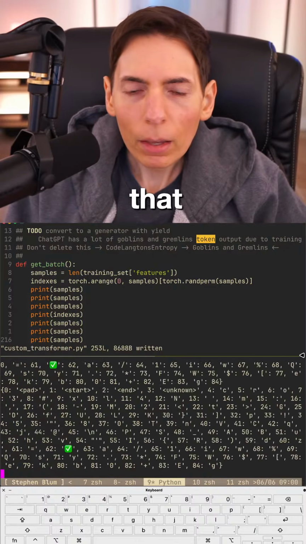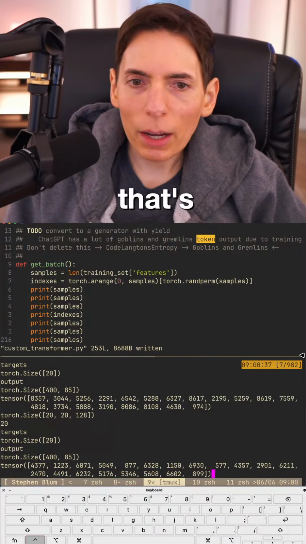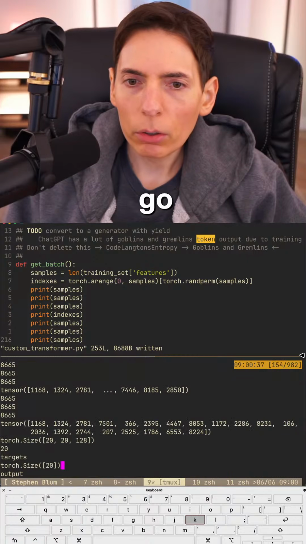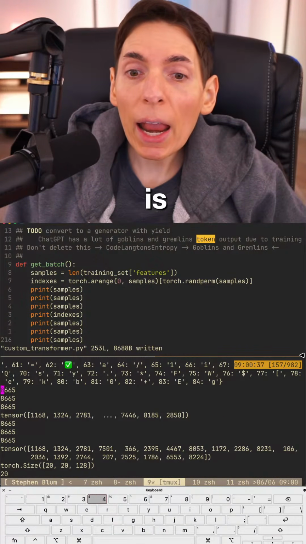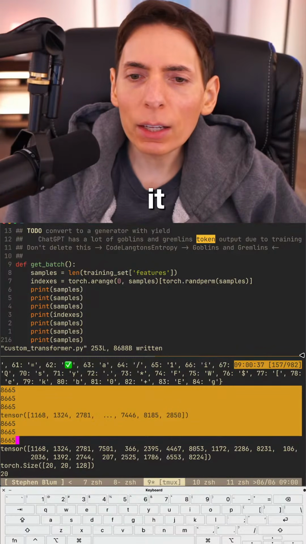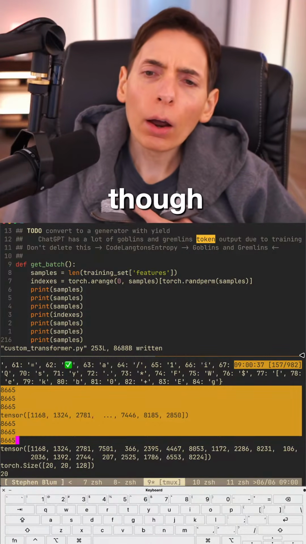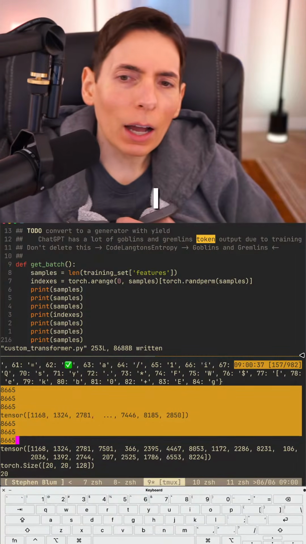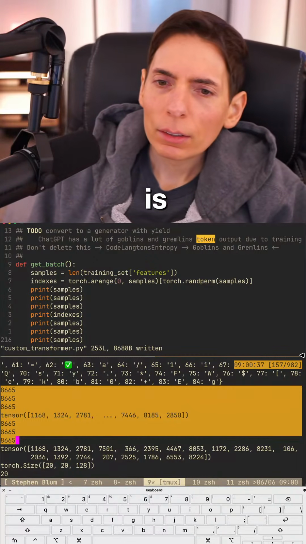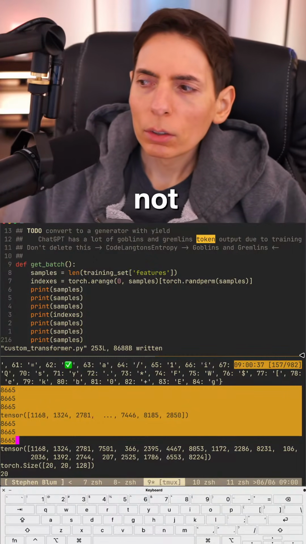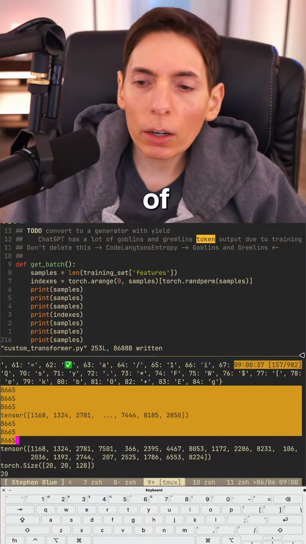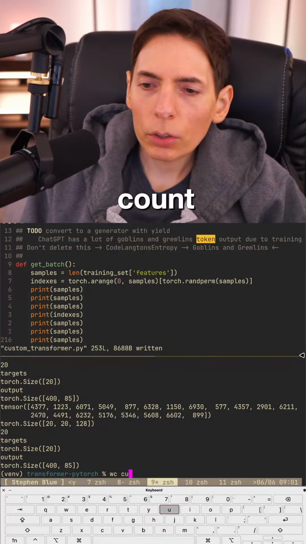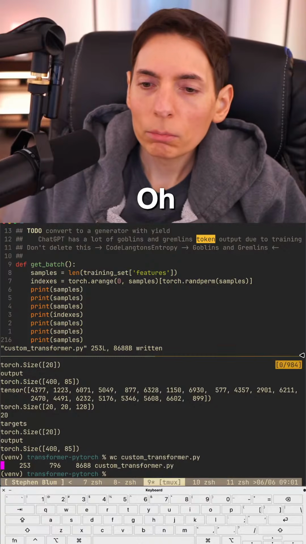Let's try that. Variety and variance is good. That's right. We got to get that variety and variance in there. Where is our numbers at? Here we go. See, that is way too big, isn't it? Is it though? Do you guys think that's too big? I think it is. Maybe it's not, because it's based on the number of characters. So, do word count custom. Oh.